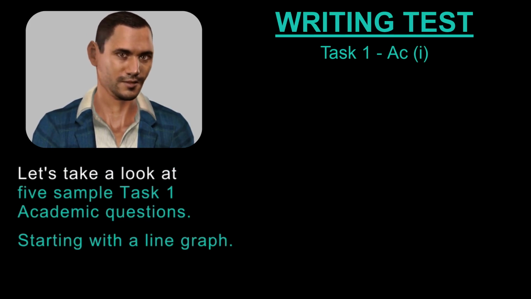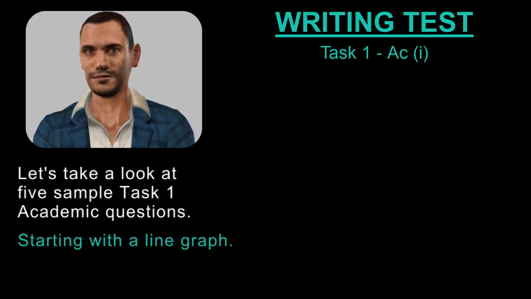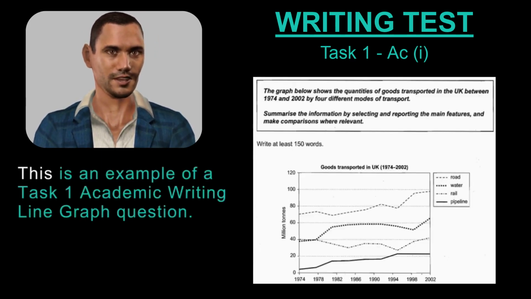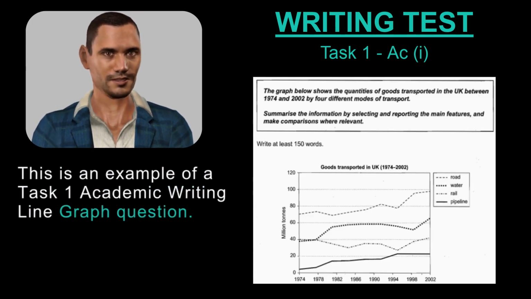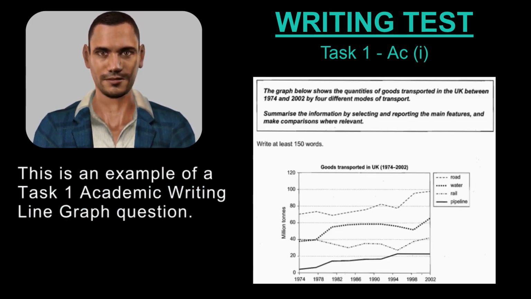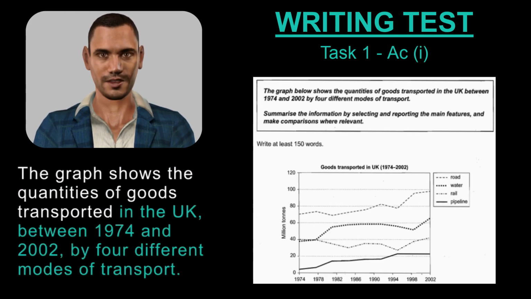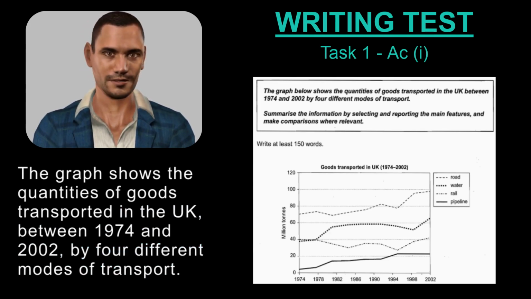Let's take a look at 5 sample Task 1 academic questions. Starting with a line graph. This is an example of a Task 1 academic writing line graph question. The graph shows the quantities of goods transported in the UK between 1974 and 2002 by 4 different modes of transport.